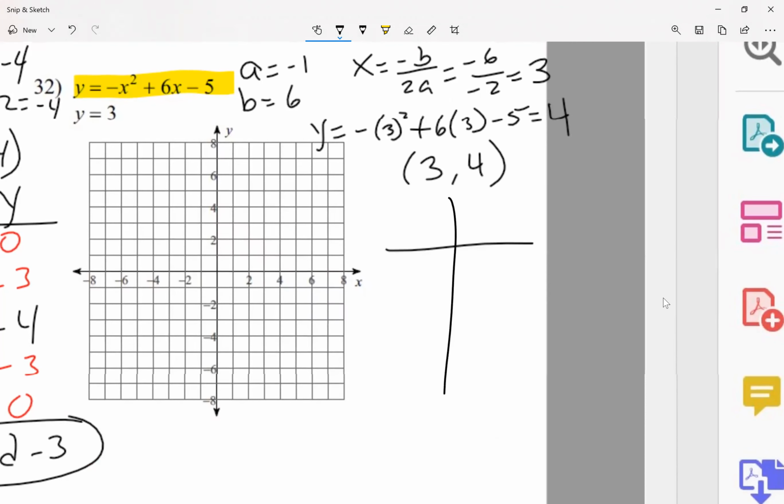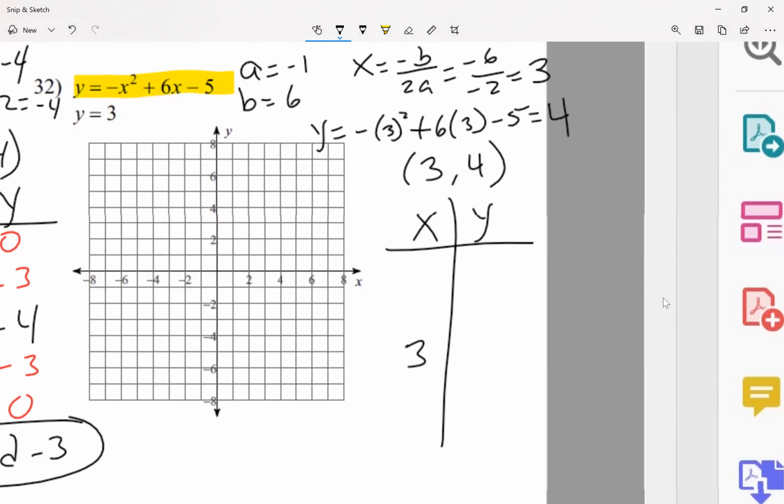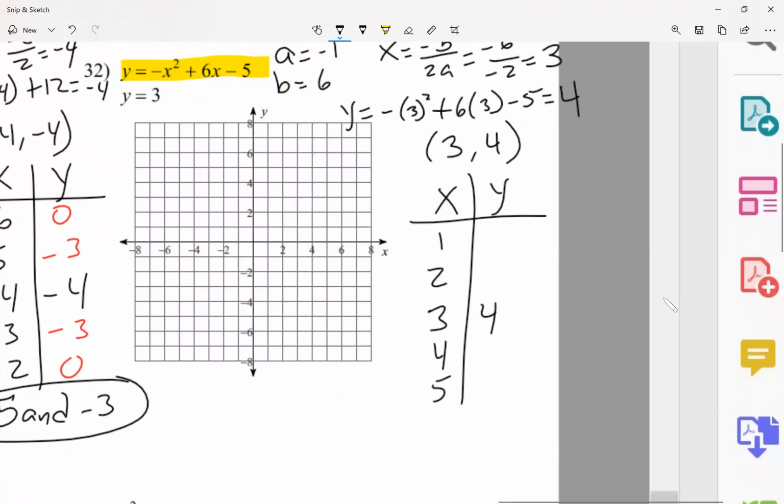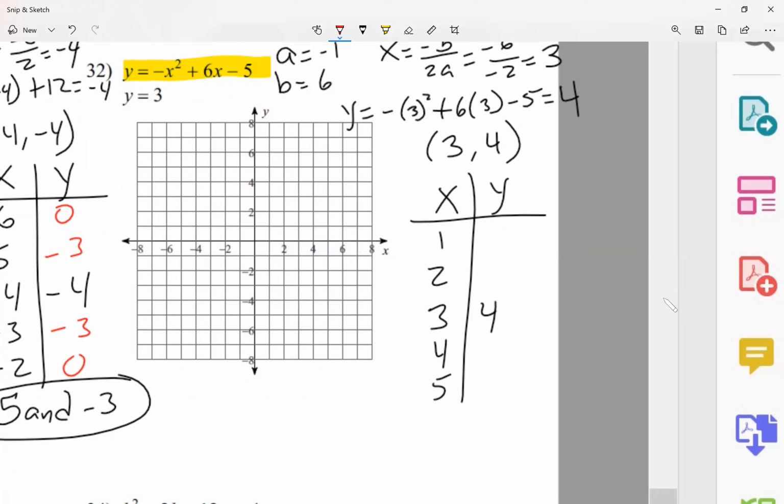I'm going to create a chart. I'm going to put my vertex right here in the center. You choose two values smaller than 3, two values bigger than 3. Matter of fact, I usually do two consecutive values. I could choose 2 or 4 for x. I'm going to use 2. So I have y equals negative 2 squared.